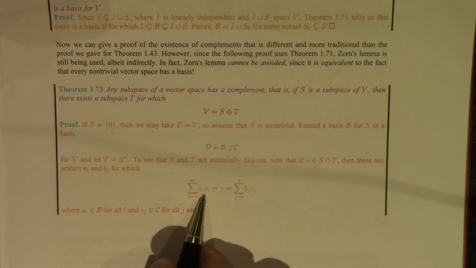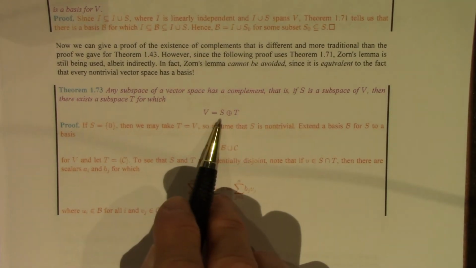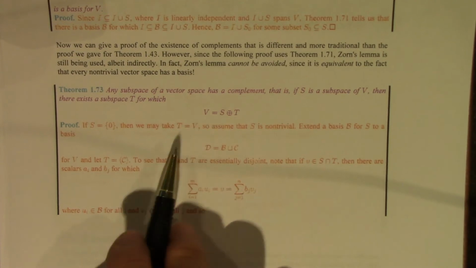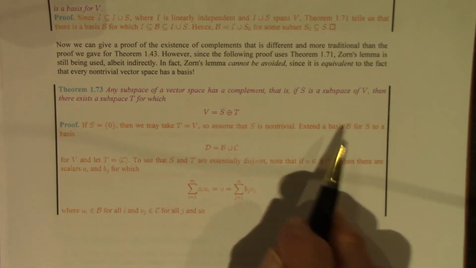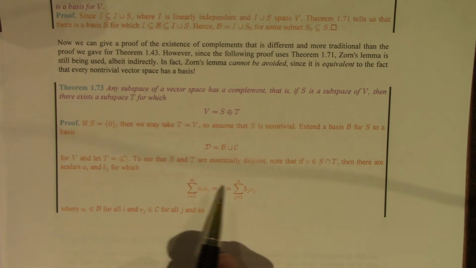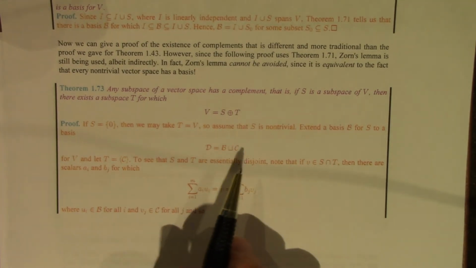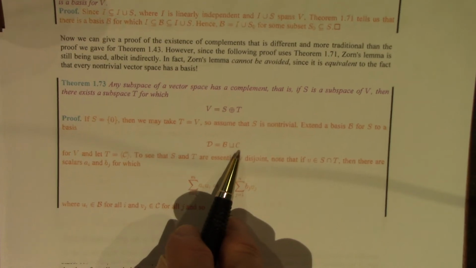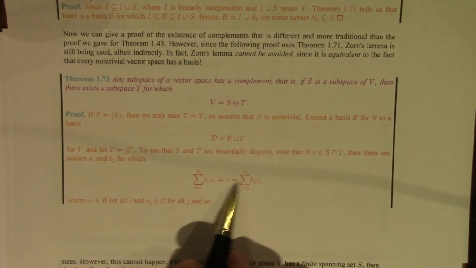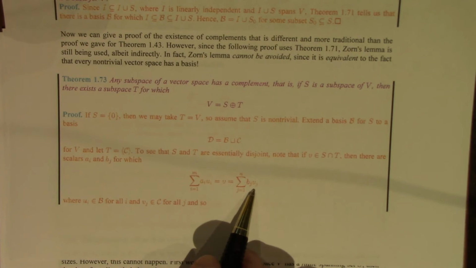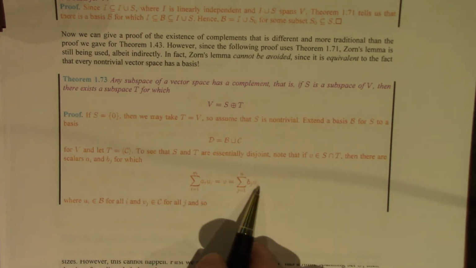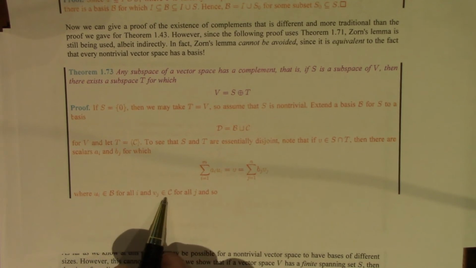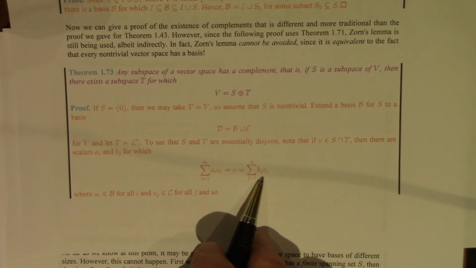The u's are the elements of the basis for S, they're the vectors in B. Okay. And because v is in T, and C is a basis for T, v is a linear combination of vectors from C. Okay, so the u_i's are in B, and the v_j's are in C.